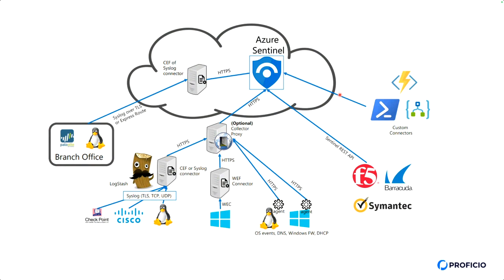You can use a CEF or a syslog connector to connect on-prem signals. You can use Logstash to enrich, aggregate data. You can use agent-based collectors to collect from your endpoint devices, and you can also use APIs to connect with any solution that has a possibility to get data through APIs.